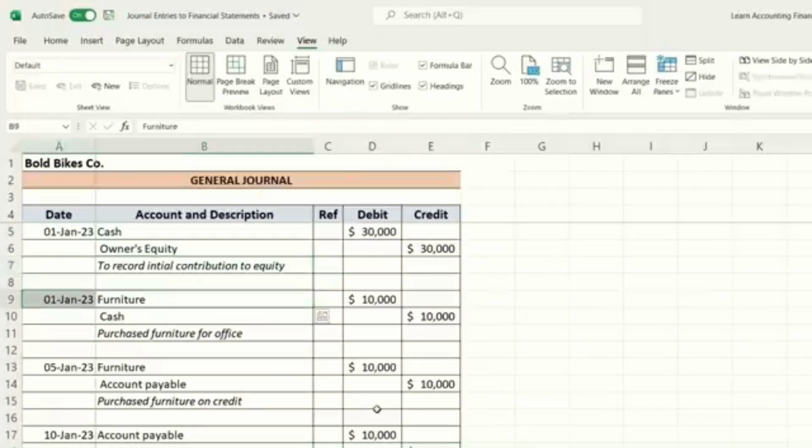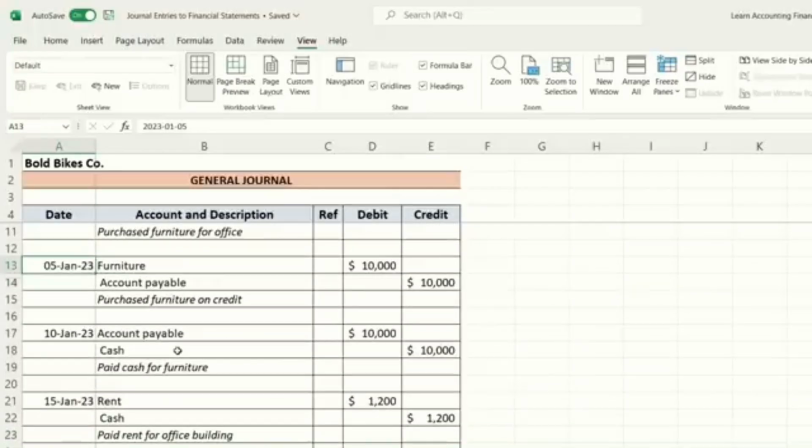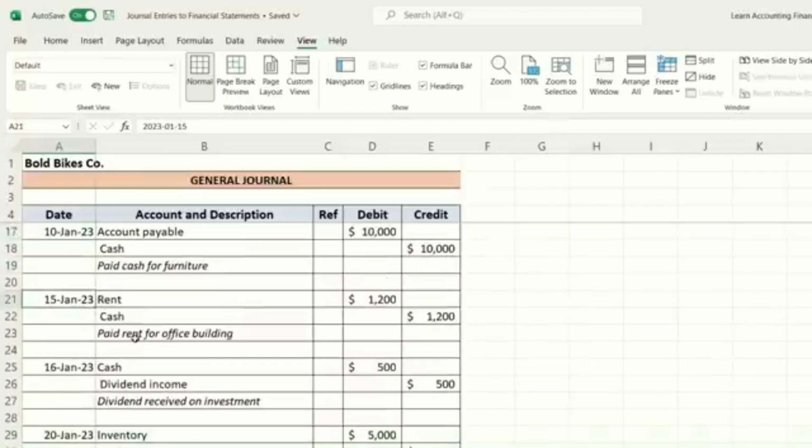And then all the other transactions that we just practiced are also entered. So you can see on the same day he purchased furniture for cash. Then on 5th of January he made another purchase of furniture, but this time on credit, right? Then on the 10th of January he paid the amount payable for the furniture purchased. On 15th of January, he paid rent.